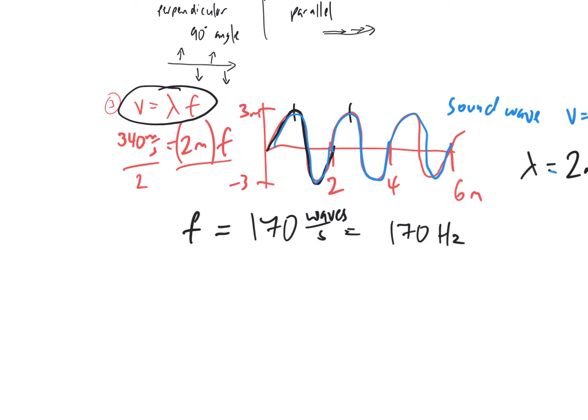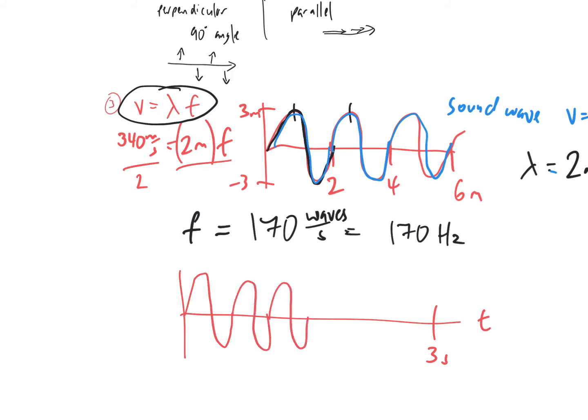Let's say, okay, this one's going to be a little bit trickier. Now, I'm going to show you, this is going to be in time. This is going to be 3 seconds. And I'm going to do 1, 2.